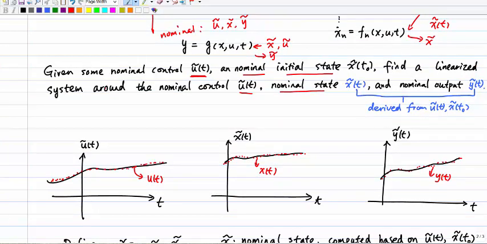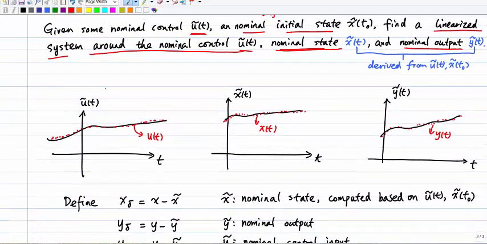What the linearization of the nonlinear system says is: find a linearized system around the nominal control input, the nominal state, and the nominal output. This means that if my input deviates slightly from the nominal one, my state also deviates fairly small around the nominal one, and my output also deviates quite small from the nominal one. Now this deviation satisfies the linearized form.